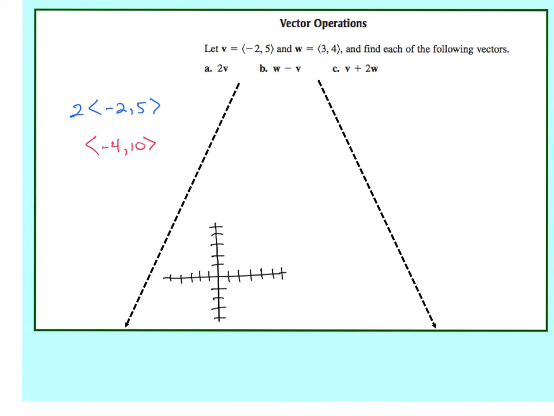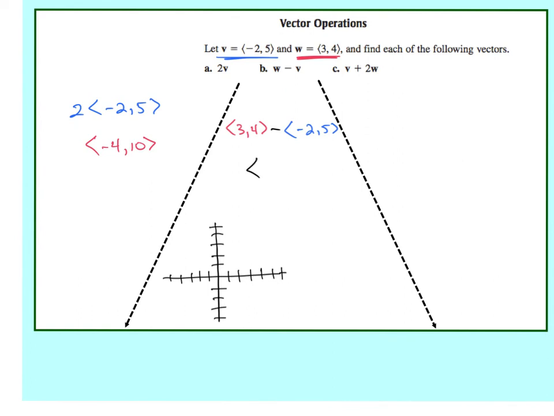I have vector w minus vector v. So I'm going to have vector w, that's 3, 4, minus vector v, negative 2 comma 5. All right. So I'm going to subtract them now.